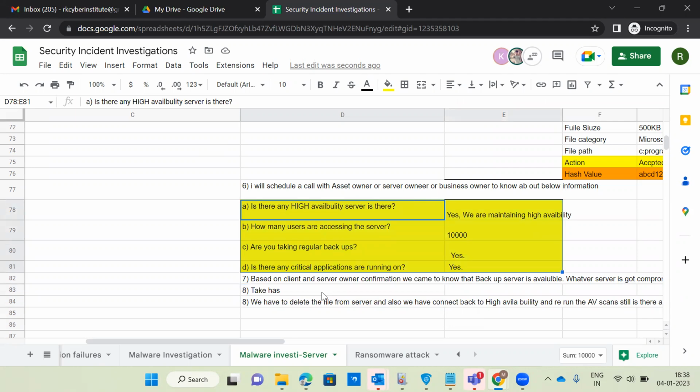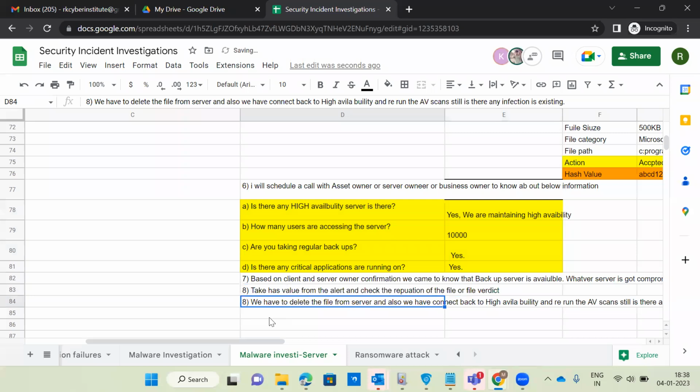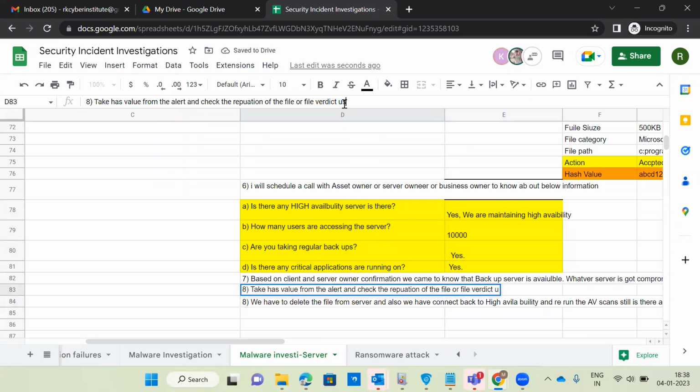Take the hash value from the alert and check the reputation of the hash value or file verdict, using virustotal.com or maybe a sandboxing environment.